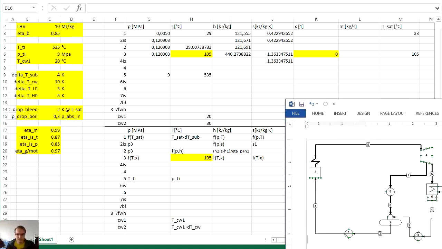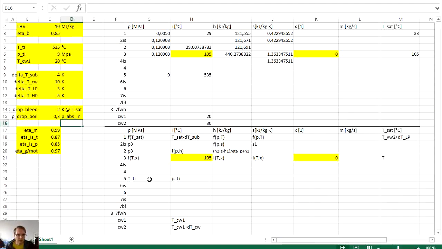So the point at node number 4 needs to have higher pressure than at point number 5.